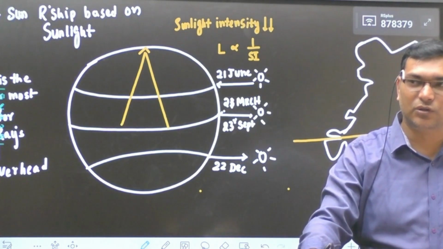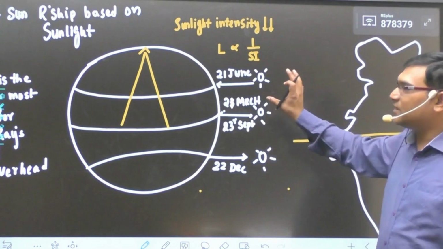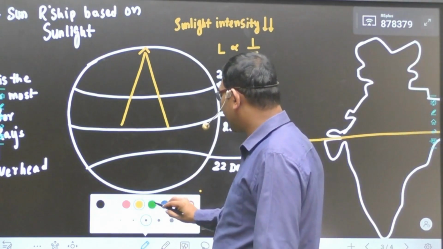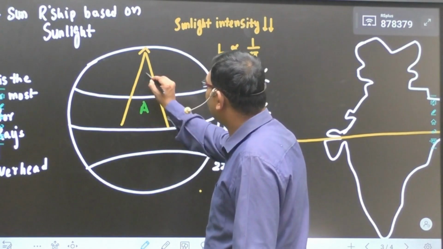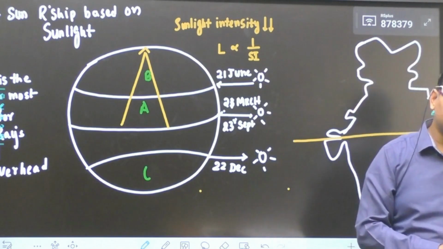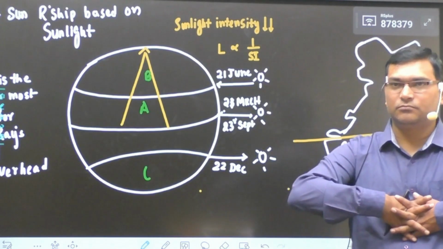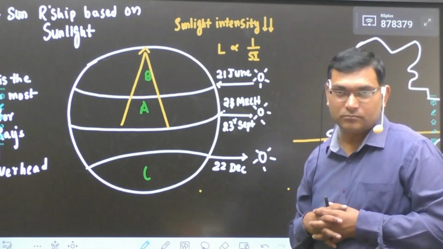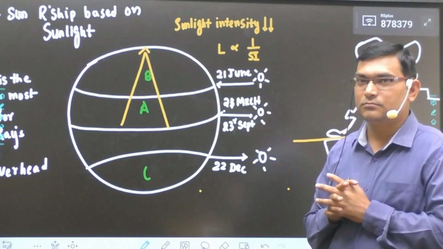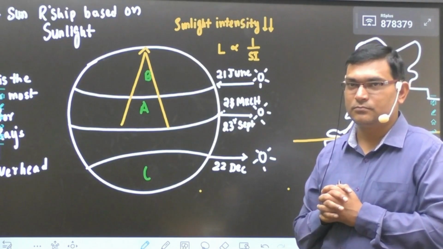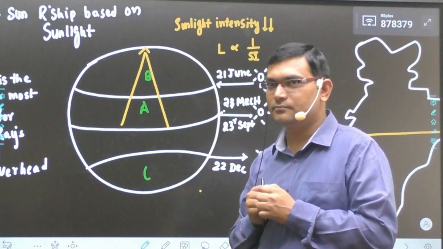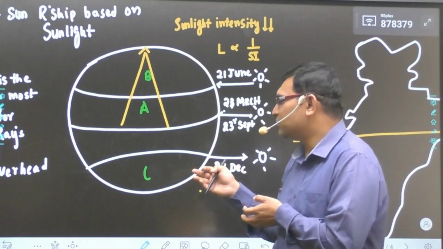So if these are the situations, now tell me what will be the phenomena at A, what will be the phenomena at B, what will be the phenomena at C? Tell me. Why are you saying that C is very less?